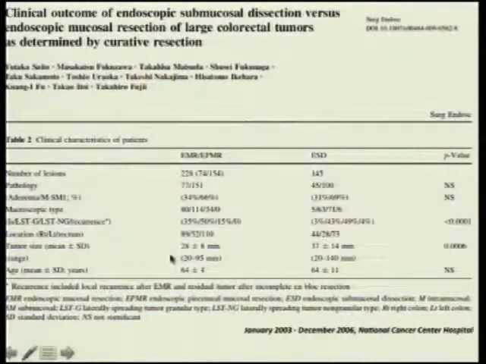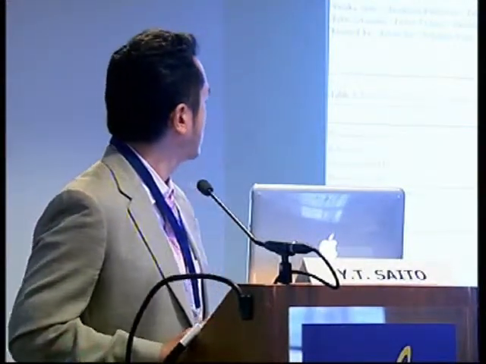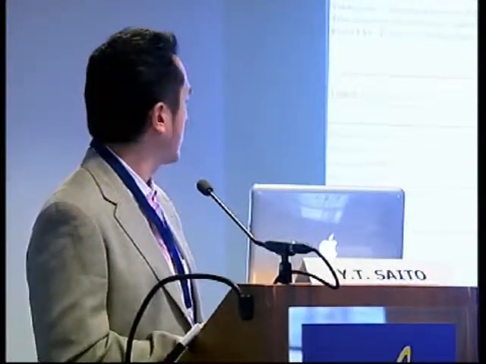The mean tumor size was about 3 centimeters. The maximum one was 95 millimeters. Compared to, I'm sorry, 4 centimeters in the ESD group, larger than 3 centimeters in the EMR group. And as for the macroscopic type, the ESD group included more LST non-granular type.